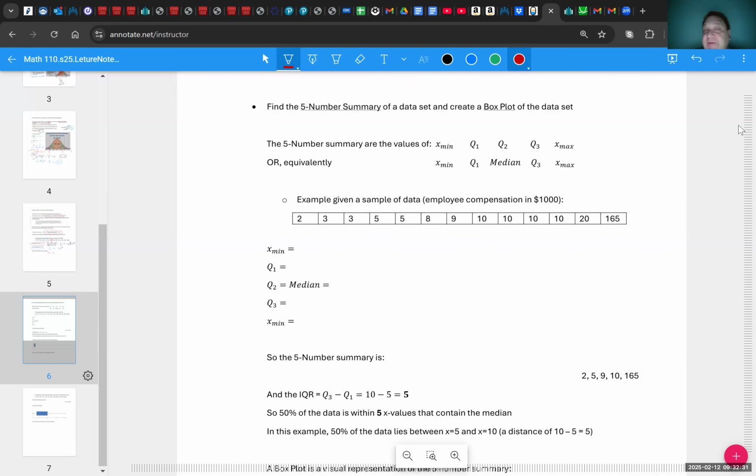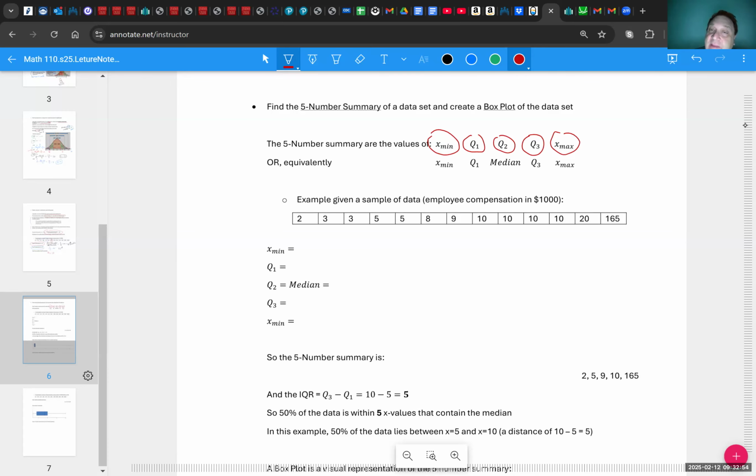All right, so the 5-number summary is literally 5 numbers, right? And they're listed precisely in this order, and they're precisely these numbers.